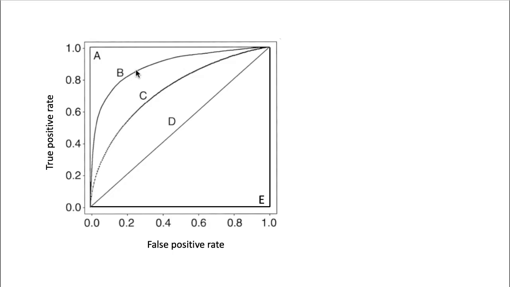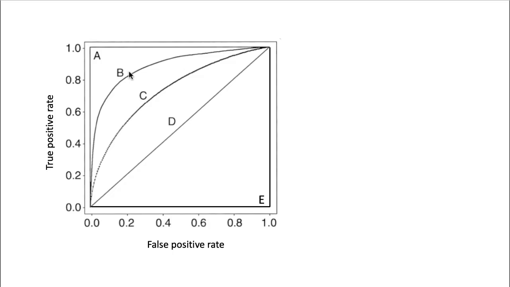After this point, the curve starts to taper off, which means in order to get additional true positives, you have to accept more false positives. The equation is shifting: the rate at which you see more false positives is higher than the rate at which you see new true positives.